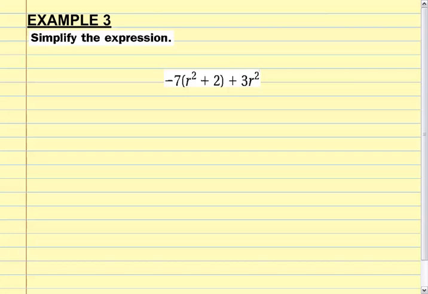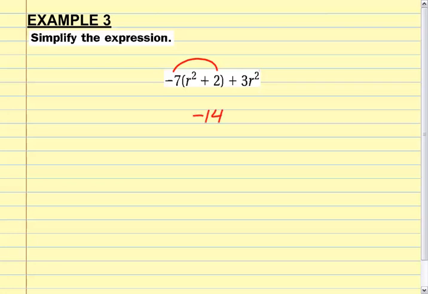I see exponents, but can I simplify any of them, Zachary? No, can't do it. Is there any multiplication and division? Vivian? Yes, there is. Can you tell me what I need to multiply? Negative 7 times 2. What does that give me? Negative 14.